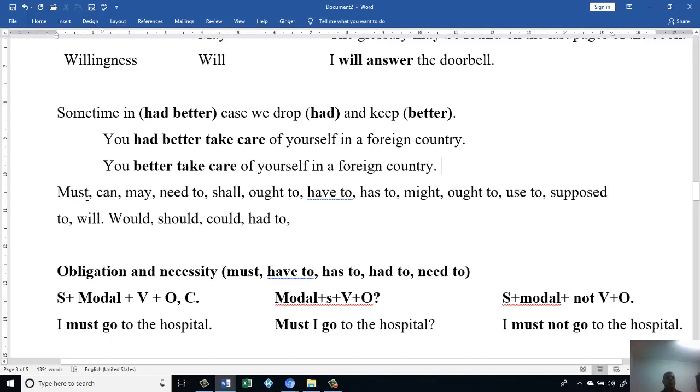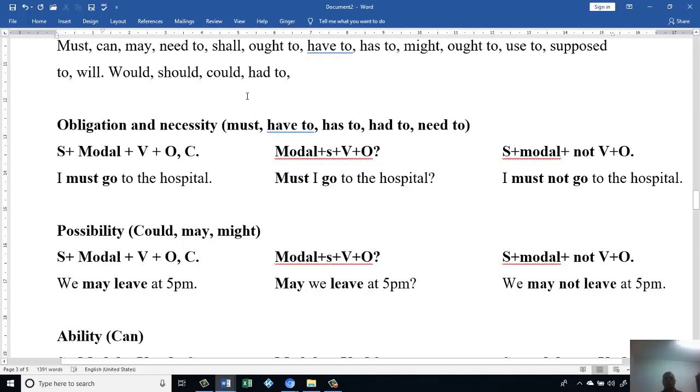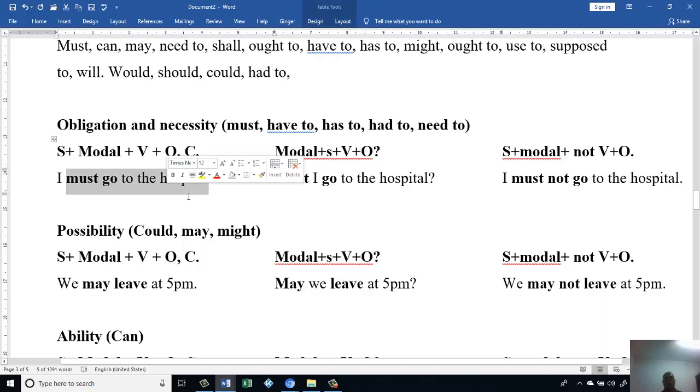Okay? We have must, can, need, all those are modals, you could use them. For example, use them for obligation and necessity. We use must, have to, has to, had to, needed to. For example, I must go to the hospital.